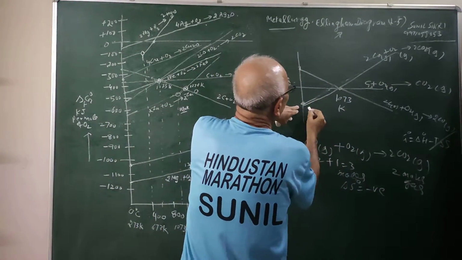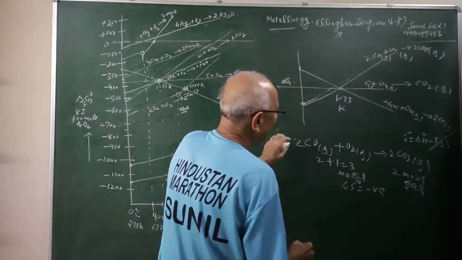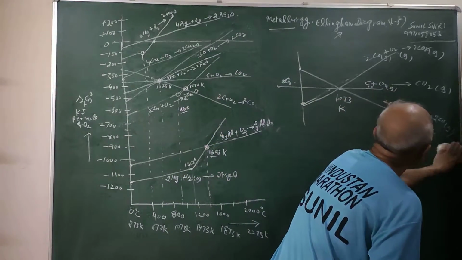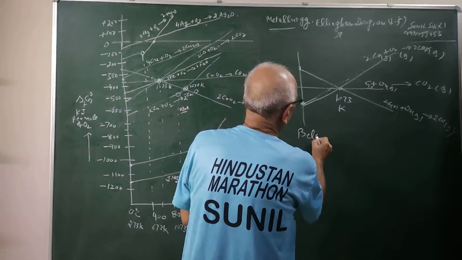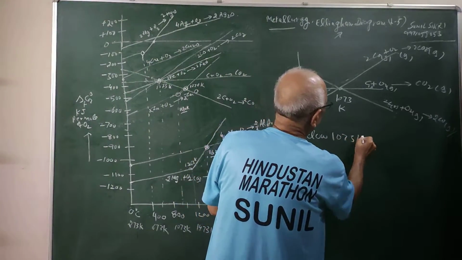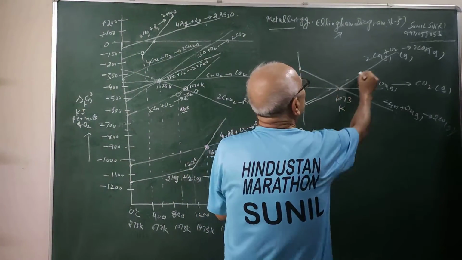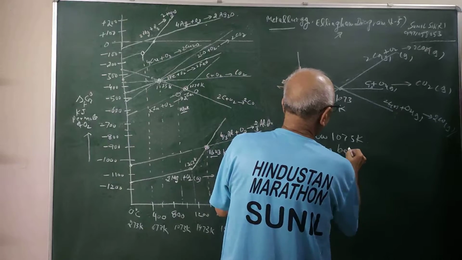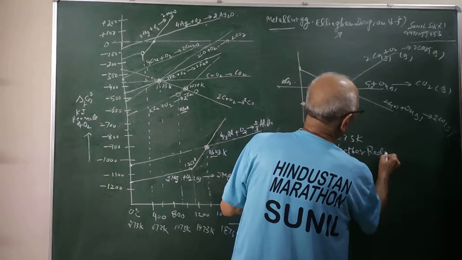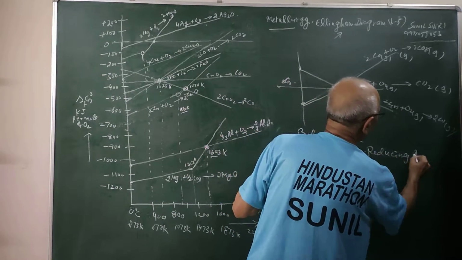So below this temperature, I can say that below 1073 Kelvin, this carbon monoxide is the better reducing agent.